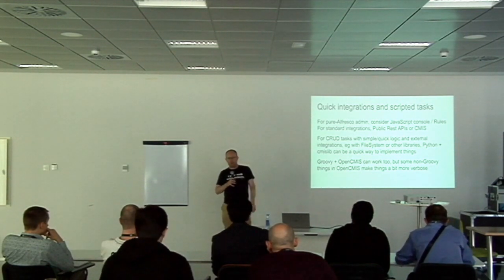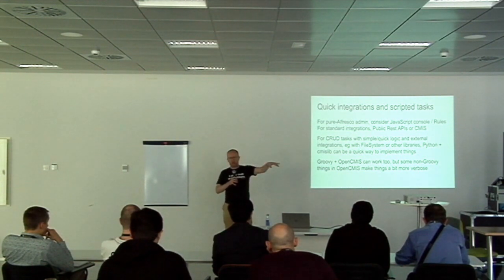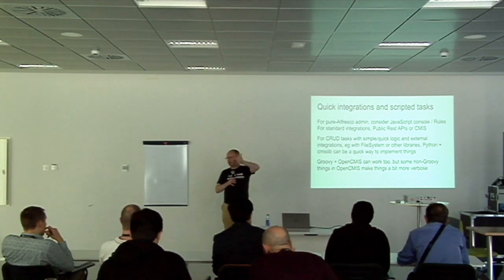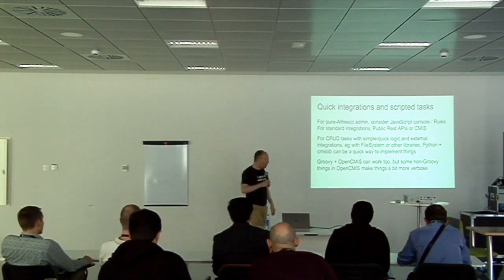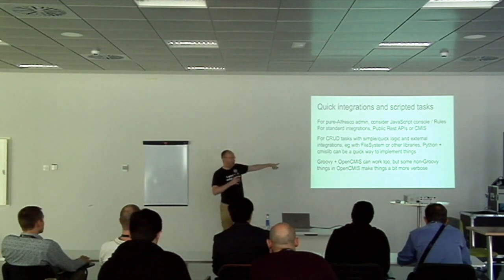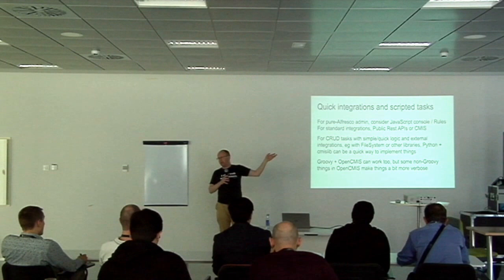There's a script that we run every couple of months that just syncs some content from Alfresco off to a special read-only area of our shared drive so that people can see that for reference. And then another one that just checks that the same checksums are on two folders. You can also use Groovy and OpenCMIS, or Scala and OpenCMIS.